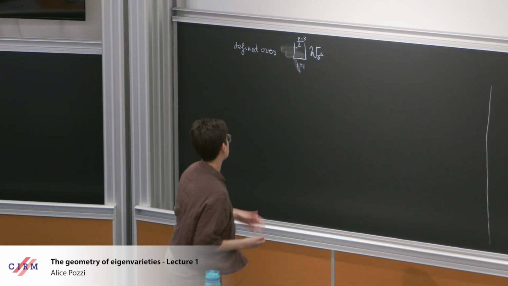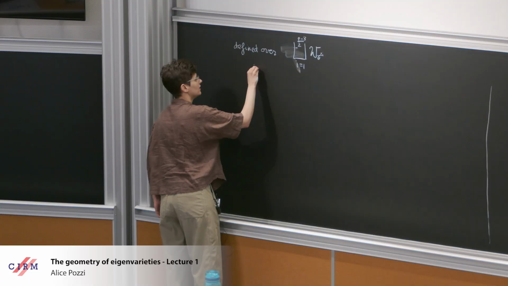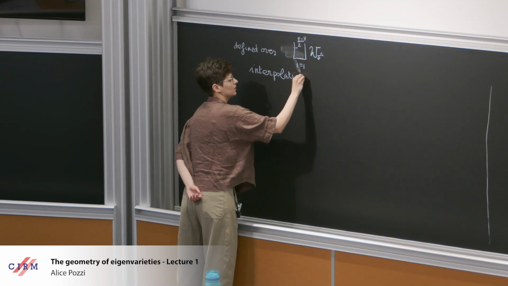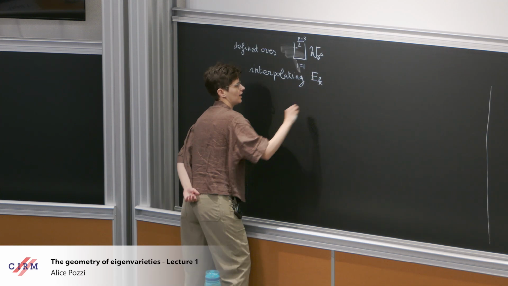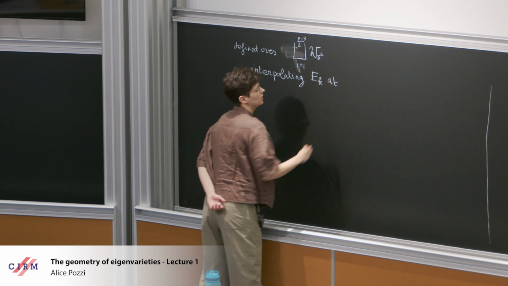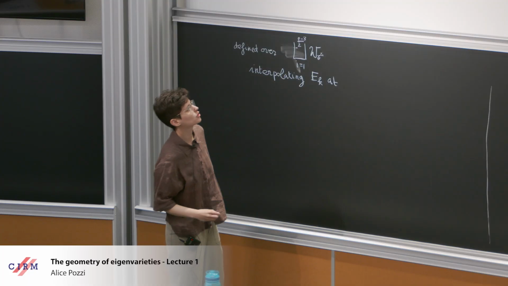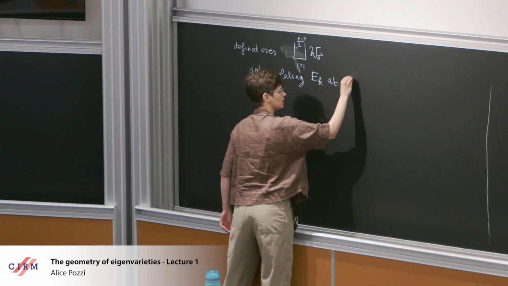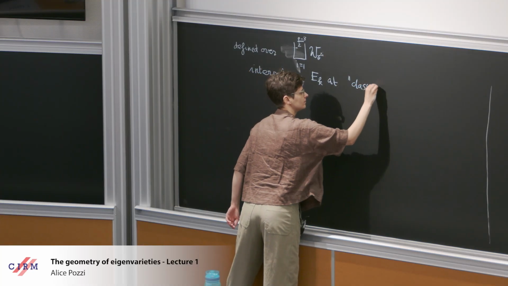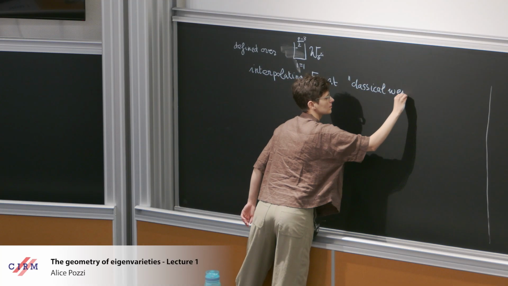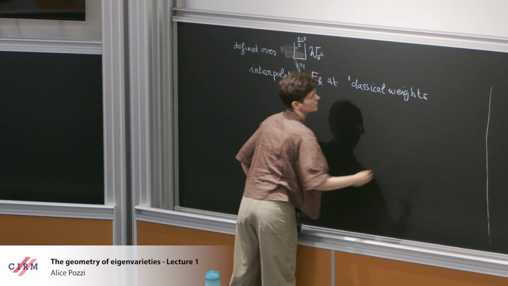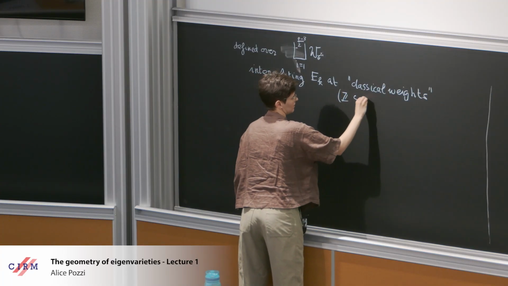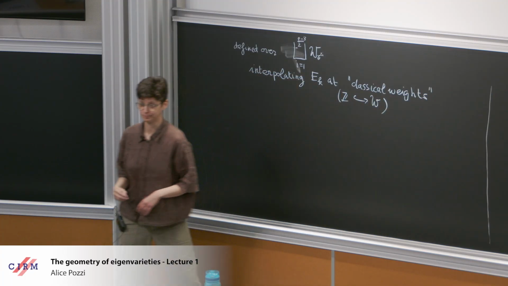Okay? So what is the property that interpolates Ek at classical weights, which are exactly the image of that map that embeds Z into the weight space under this embedding.